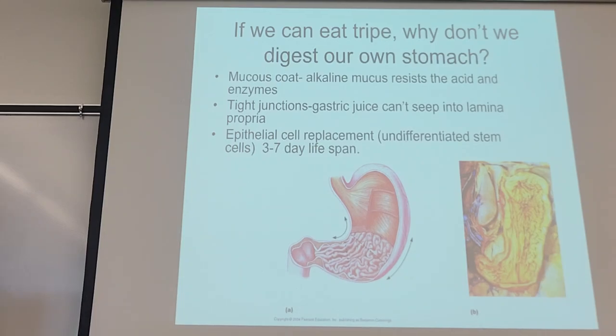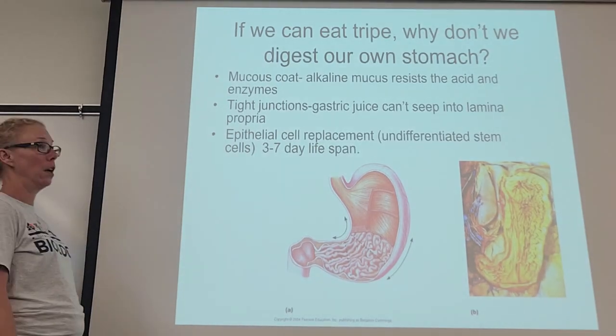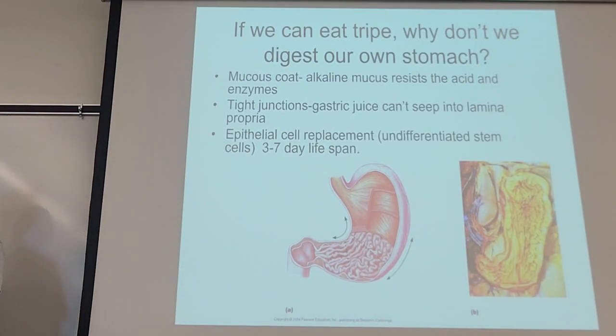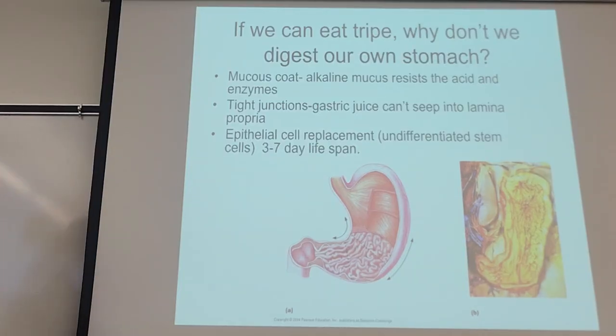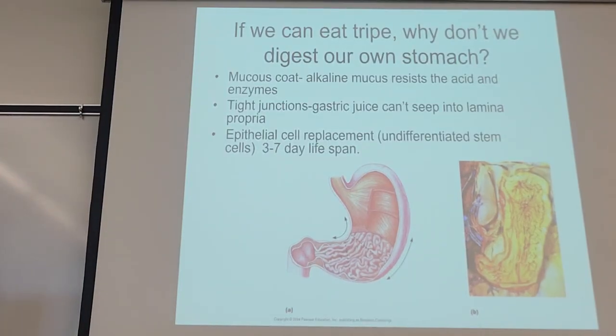You've got tight junctions in the cells, okay, so that all that stomach juice can't seep into the lamina propria and start breaking down the inner lining of your stomach. You don't want that. And then you've also got epithelial cell replacement, so you've got stem cells that are hanging out in your stomach lining that replace themselves every week. Kind of crazy. And that's all to protect you.